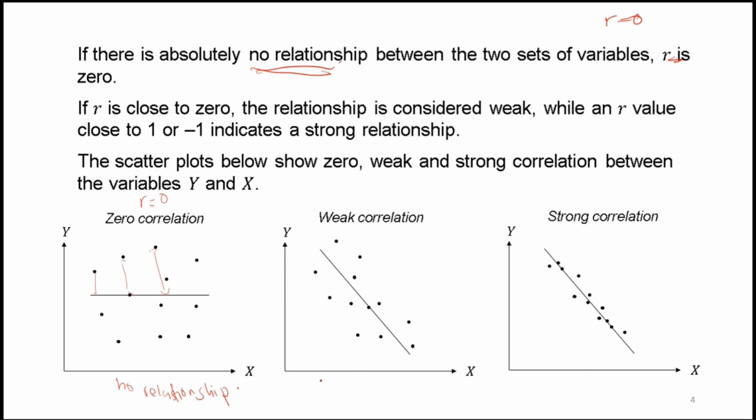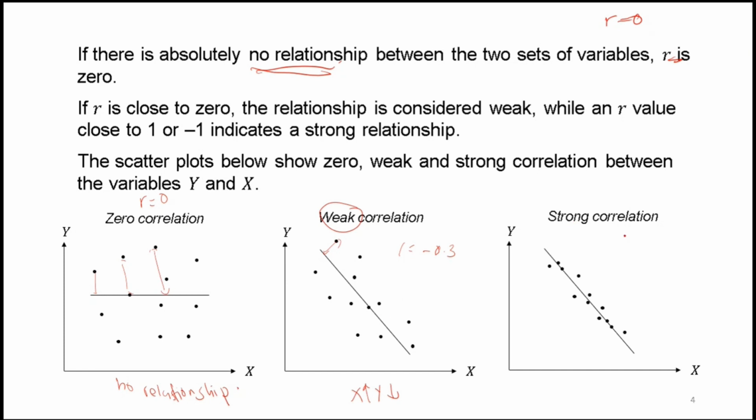If x increases, y decreases, so this is negative correlation. From this one, the points are not too far and not too close, so this is weak correlation, perhaps negative, something like negative 0.3 for example.